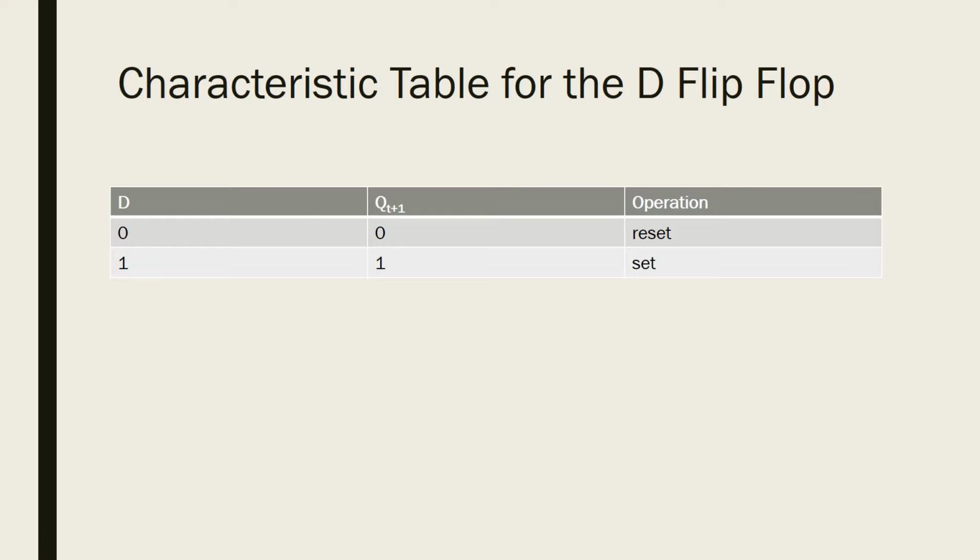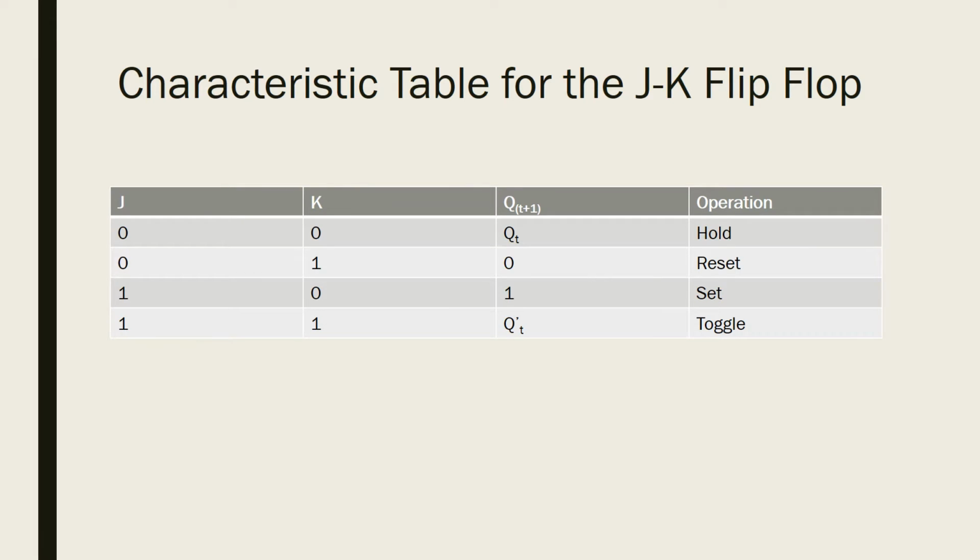As we saw from the truth table, the D flip-flop performs two operations, set and reset. The characteristics table just showcases that in a more succinct manner for the D flip-flop. As we saw from the truth table, the JK flip-flop performs four operations: hold, reset, set, and toggle.